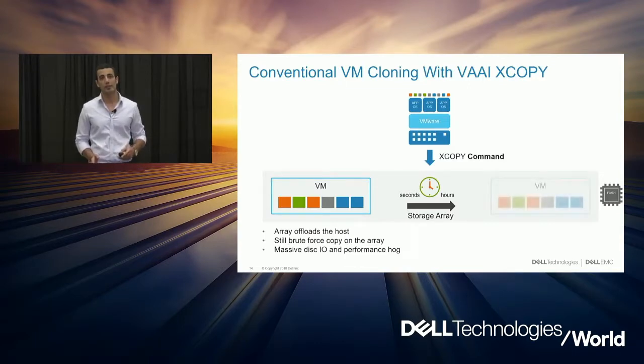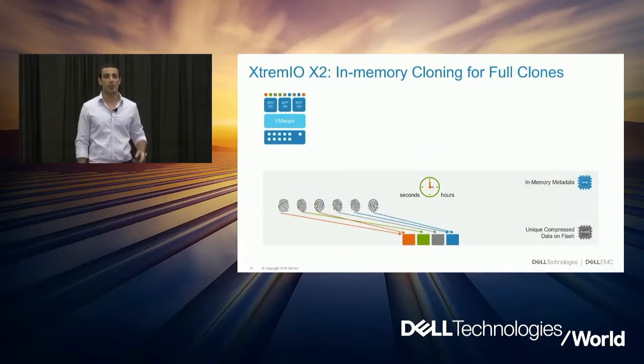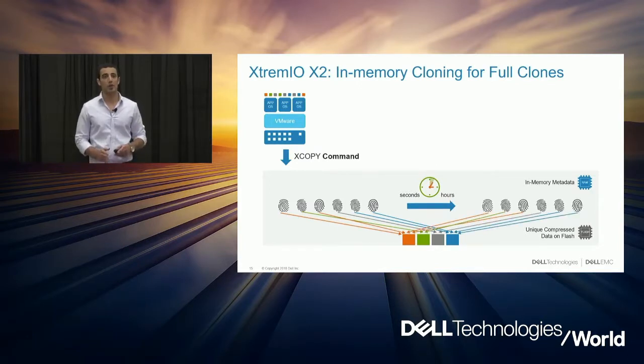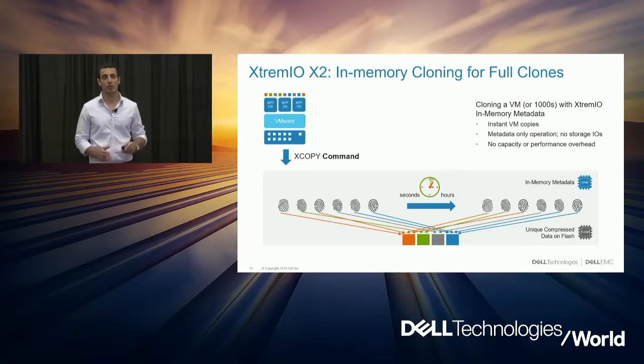Now let's see how the XtremIO X2 architecture implemented XCOPY in order to provide this lightning fast cloning for hundreds and thousands of desktops simultaneously. Since XtremIO metadata is distributed across all of the memory of each storage controller, when we clone a virtual machine, we're just pointing new metadata pointers to the existing blocks on the SSD drives.